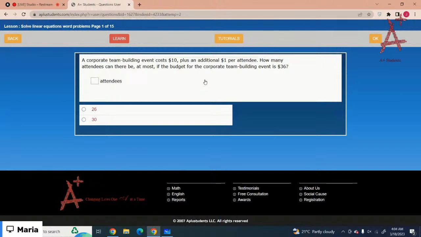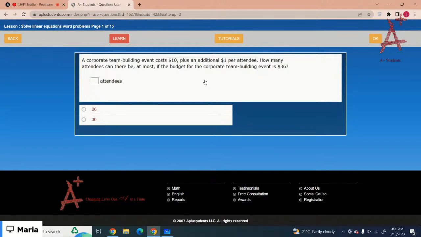Let me read it again. A corporate team building event costs $10 plus an additional $1 per attendee. How many attendees can there be at most if the budget is $36?